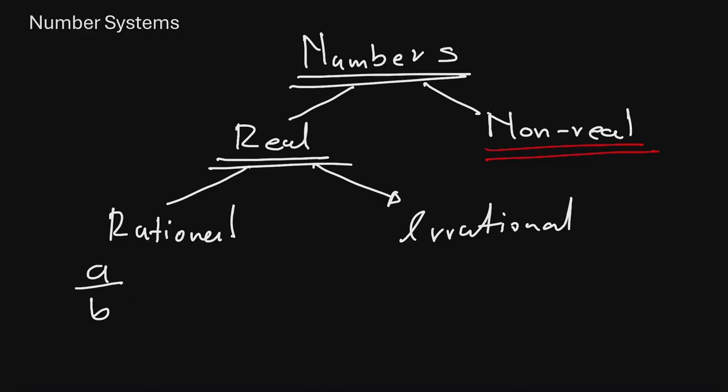So we have different types of rational numbers. For example, we have a number like 0.25. 0.25 is a decimal number, but it is a rational number because when you put it in your calculator, you say 0.25, then you say equals to, that is going to give you 1/4.